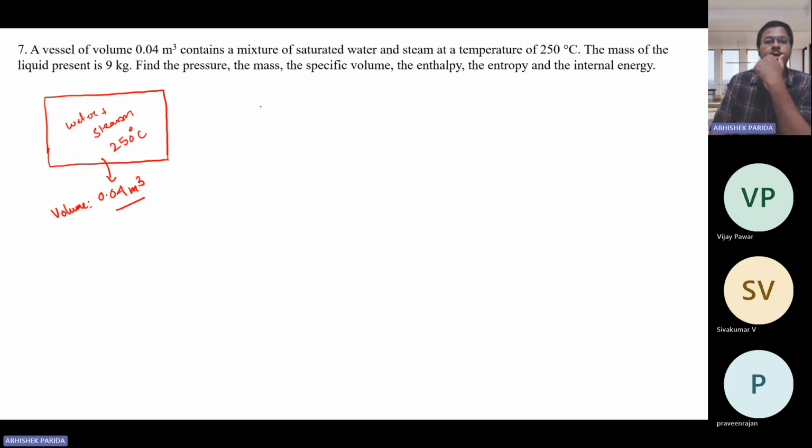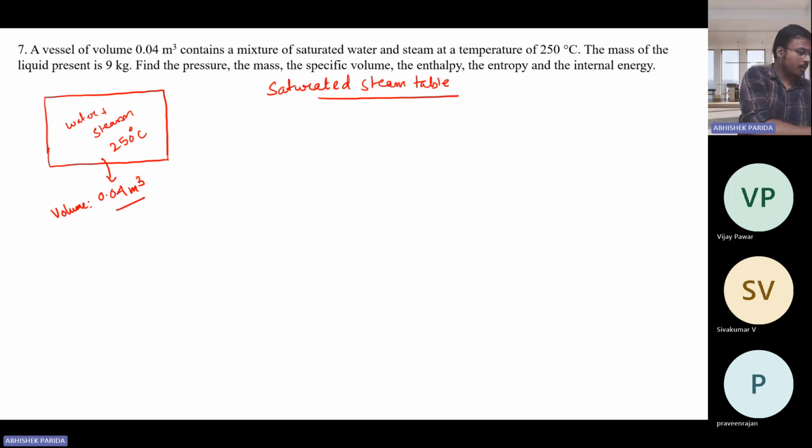So now, as we are getting to know, we have to see the saturated steam table. From the saturated steam table, we'll be referring to the table. You will get some table like this, in which the first column is T sat, T saturation. There you find for 250 degrees Celsius.